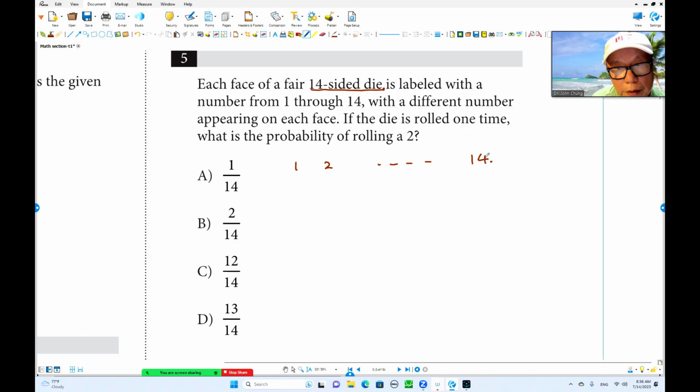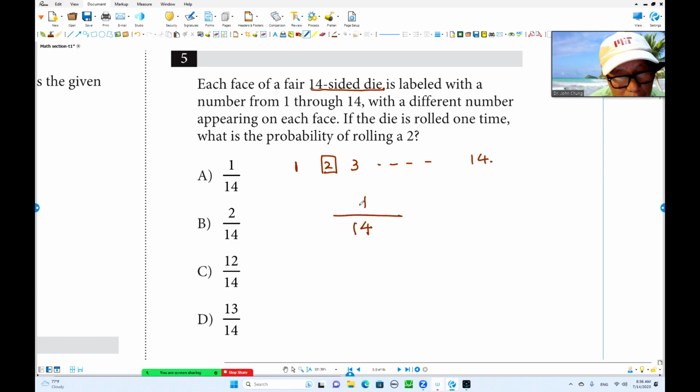So when you roll this die, what is the probability of rolling a 2? Number 2. We have only one number 2, all the numbers are different. But we have to think there are 14 possible chances because every number has equal chances, right? There are 14 chances, but number 2 is only one chance.